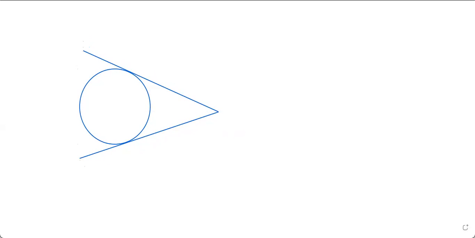If this point is A, this point here is B and this point here is C, what we have learned is AB is congruent to AC. This we know. But the situation in the question is not this, because the circles are different. But even then, something similar is happening.